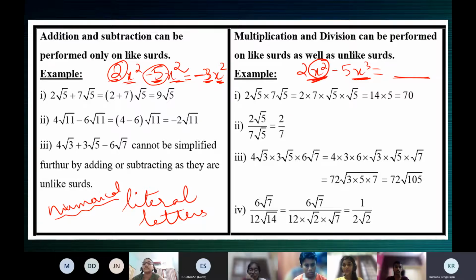Here it is x squared, here it's x cubed. So in the two terms, the literal factors are different, so they're called unlike terms. So you cannot add or subtract them. Unlike terms cannot be added or subtracted. So what is the result then? The same thing, 2x squared minus 5x cubed, is the result.